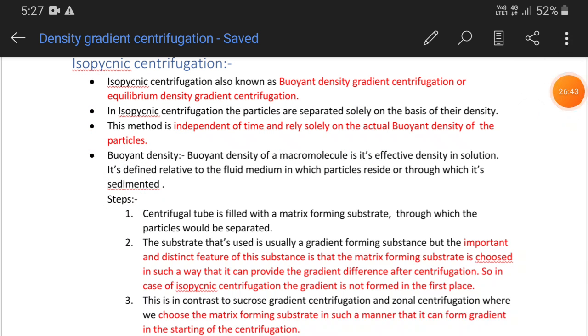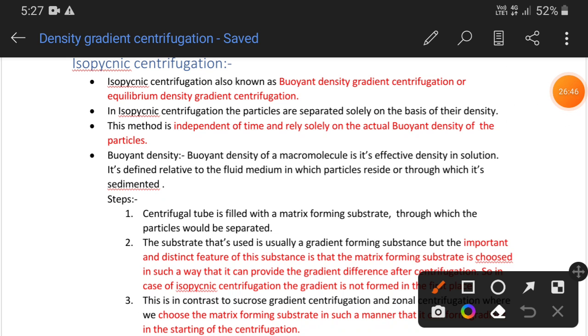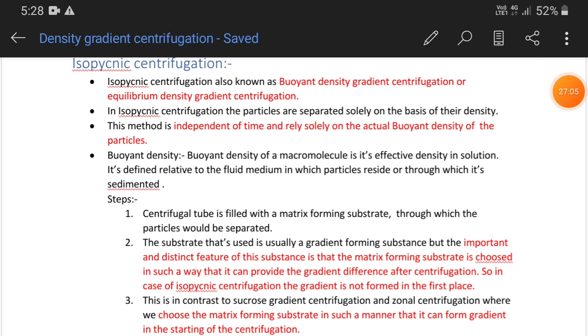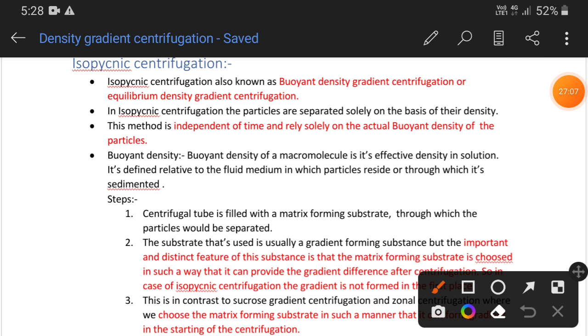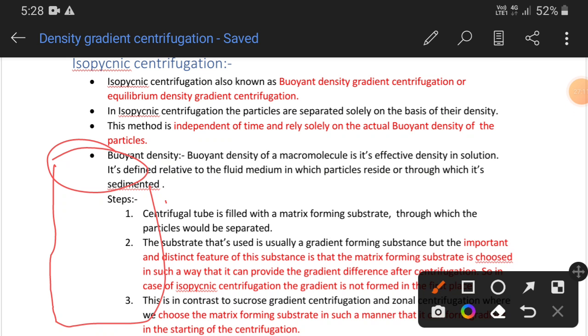Those are the two important requirements. The matrix forming substance will be chosen in such a way that it will give you the gradient after centrifugation, and you will use a uniform mixture of solution for your job. Okay, so after the homogeneous mixture of sample and medium is formed, we will fix our tube in the centrifugal machine along with a balance.